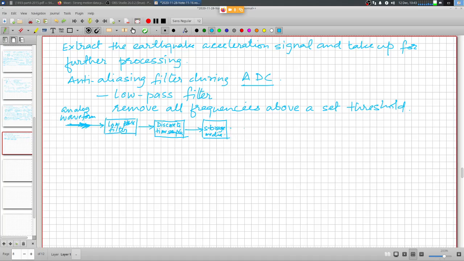And from this storage media you take it up for further processing.